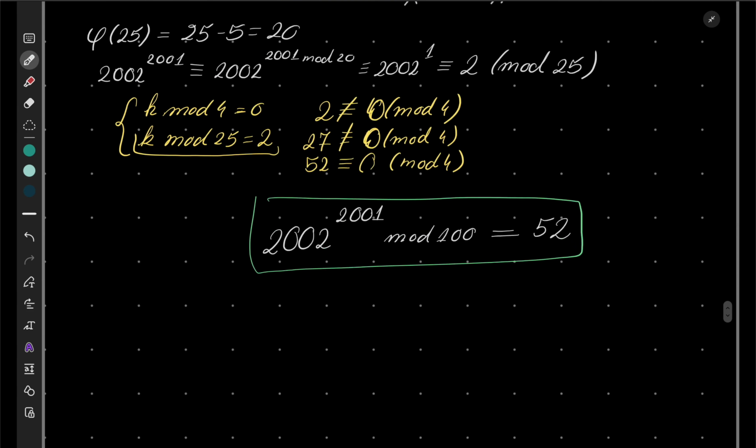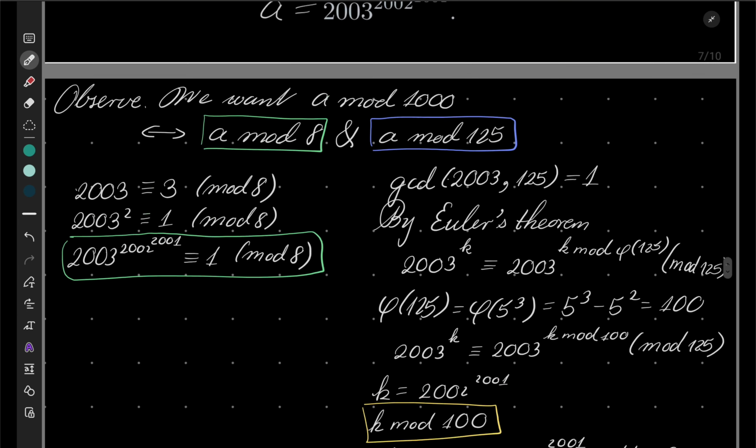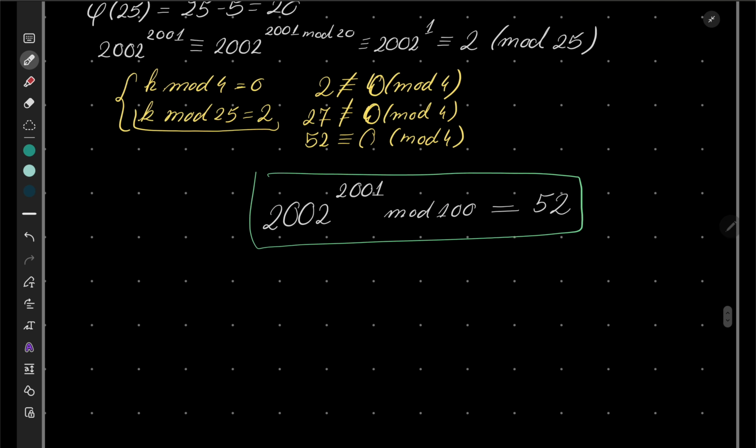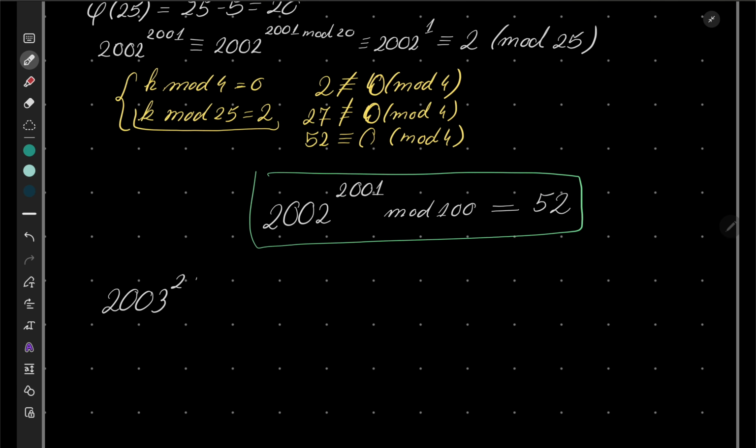Well, now let's go back and recall that we are doing this step: 2003 to any power is 2003 to the power reduced modulo phi of 125. So 2003 to the power 2002 to the power 2001 is congruent to 2003 to the power 52 modulo 125.